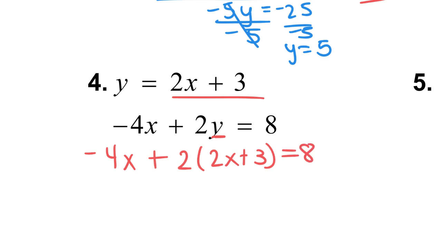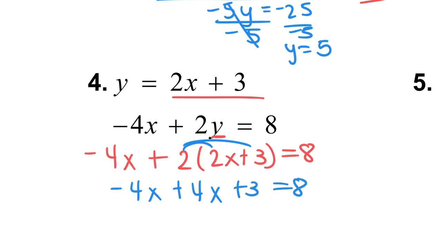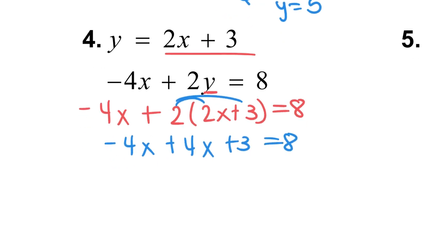If I distribute correctly, I know it's a positive, but it's always easier for you to put it in parentheses. I'm going to be left with negative 4x plus 4x plus 3 equals 8. If I combine my like terms, I know that negative 4x plus 4x cancels out, and I'm left with 3 equals 8. This is not a solution. Therefore, this is no solution.